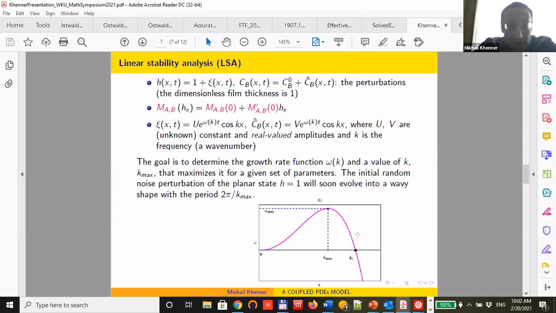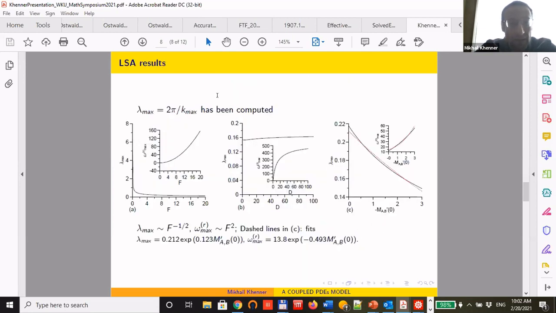So we did this, and we calculated the dependence of the reciprocal of a wave number, which is the wavelength, or you may say the period of the wave, as function of various parameters that enter our system. And of particular interest here is the dependence on the strength of the electric field, of course.